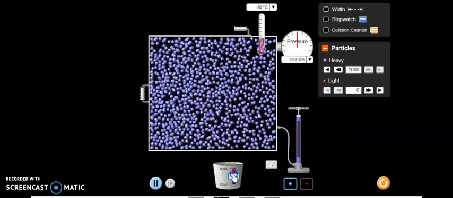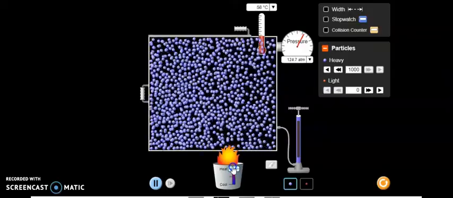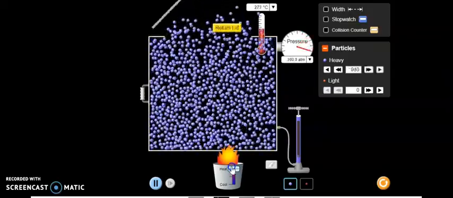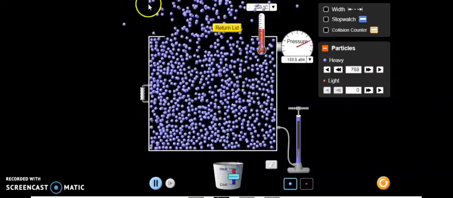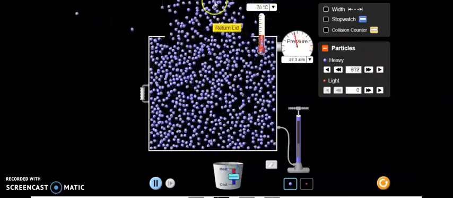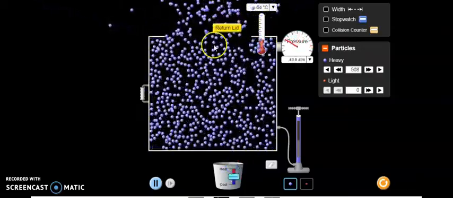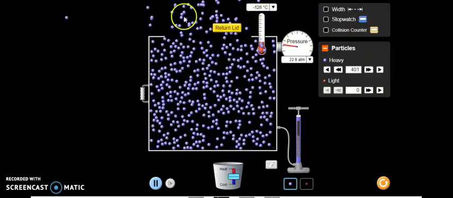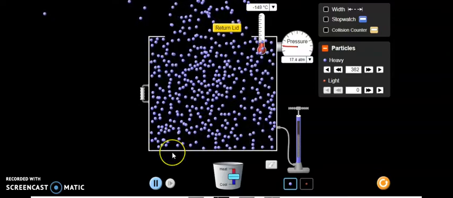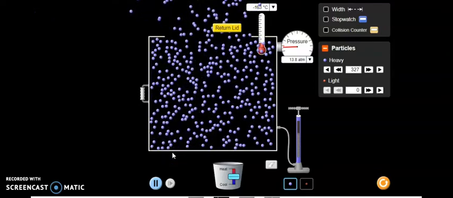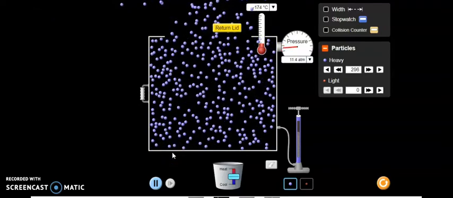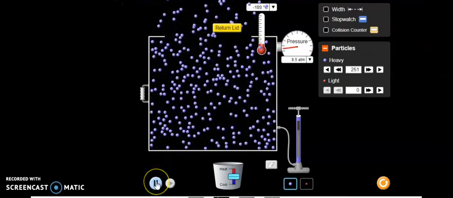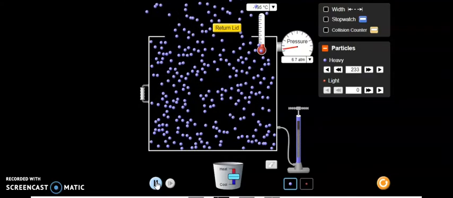They cannot fit in the same way. When I put heat, the volume expands, and the particles push this lid and expand in this way. So this is an example of the thermal expansion of the particles of matter.